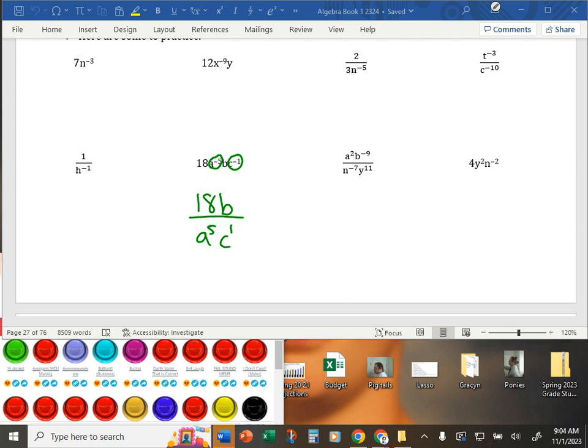Yay! Focus on what's being moved. What's in the wrong part of the fraction?